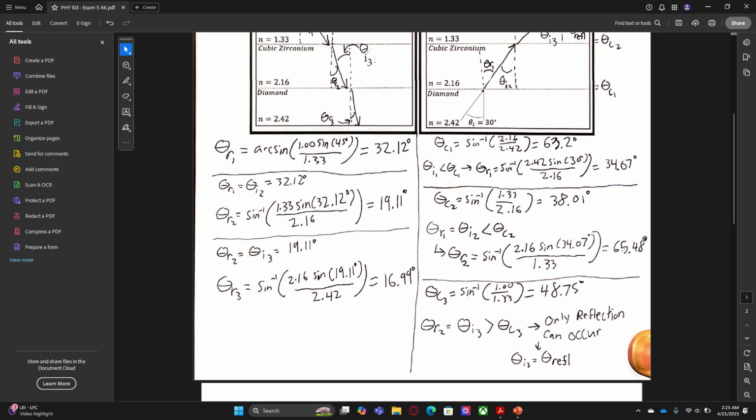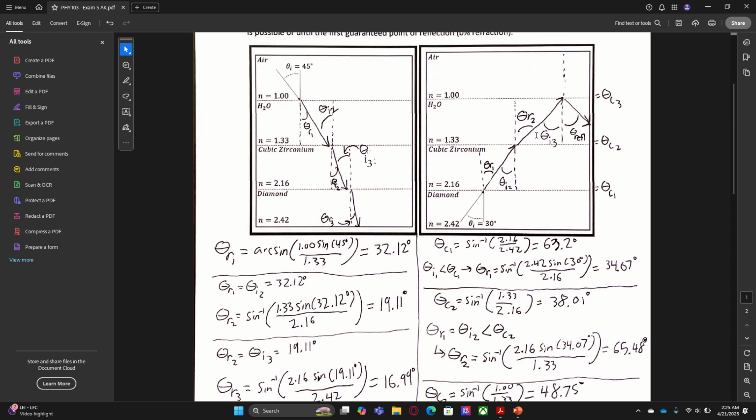Because the incident angle is greater than the critical angle, it is impossible to refract into the next layer. There is 0% chance of refraction, which means instead of having the option to reflect or refract, it is only ever going to reflect. Therefore, theta I3 is going to be used as the value for theta REFL, theta reflection.